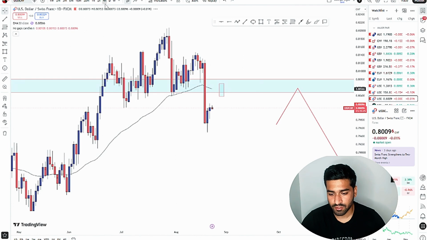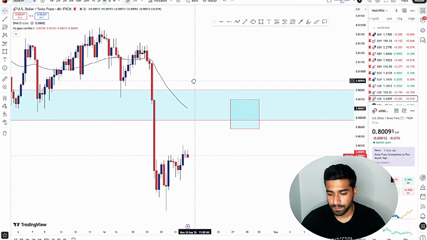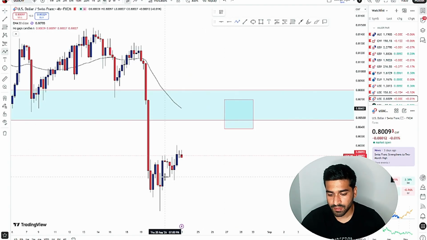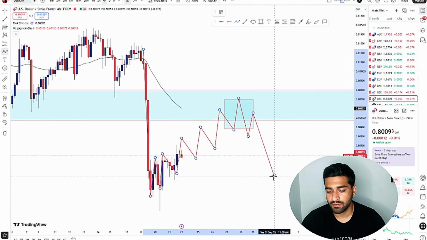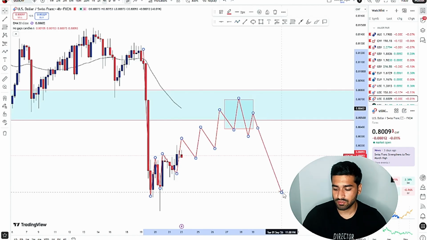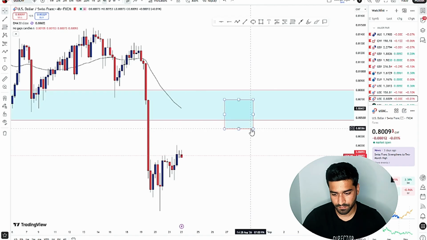And after that, if I go to the 4 hour, the 4 hour is already bearish, but internally it is bullish. So it will come like this. Here, like this, it will become bearish. And here I will look for some entry signal to take this trade to the downside.